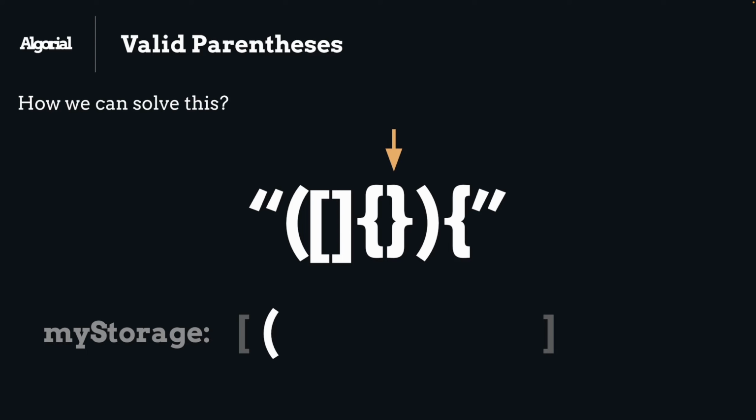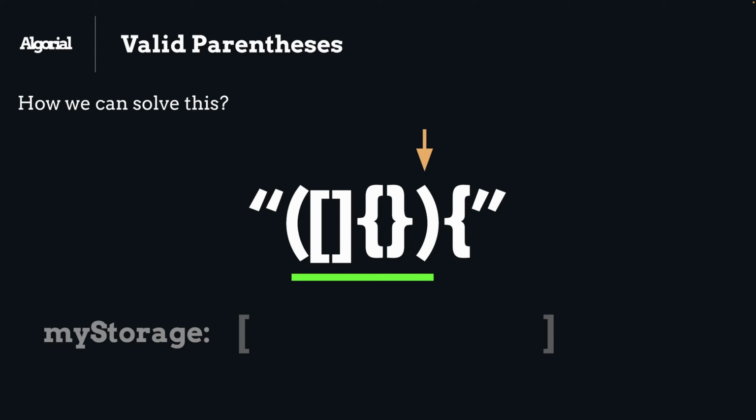Now, as soon as we reach the next one, we see another closing parenthesis, but this time it pairs with the very first thing that we stored in our array at the beginning of the iteration, which means this closing will pair with the last one in the array and we will remove them both. So far we don't have anything in our array, which means up until this step, everything was correct and paired correctly.